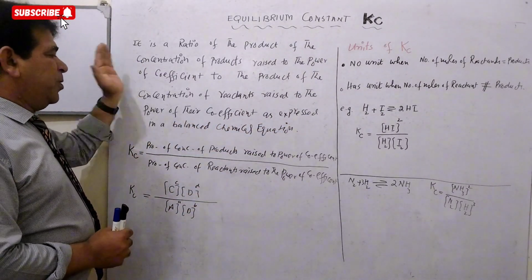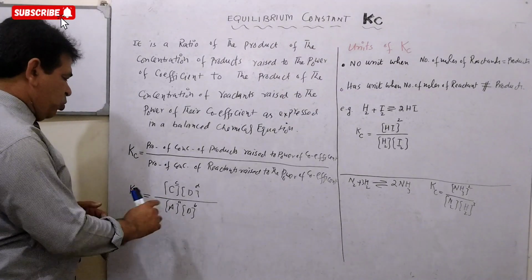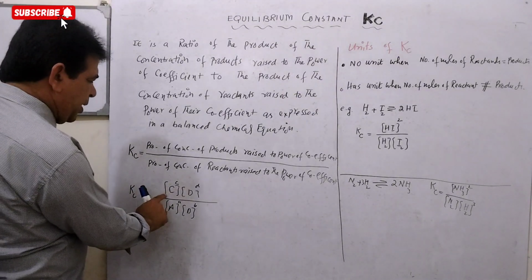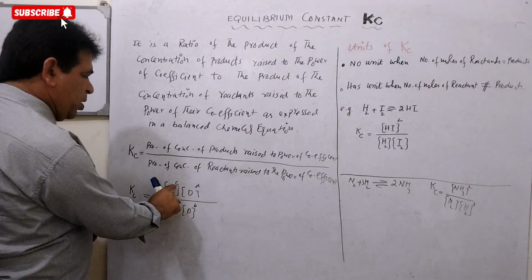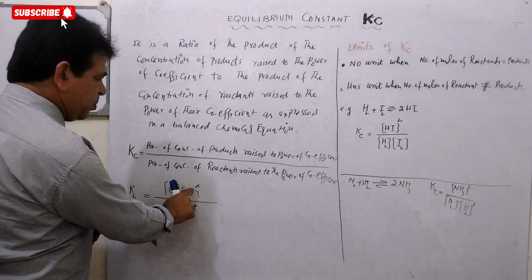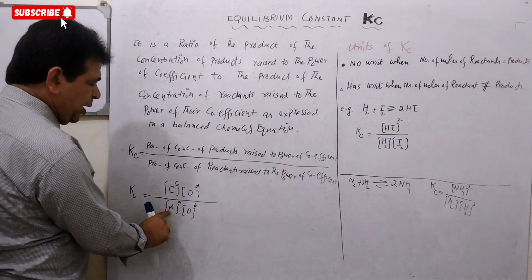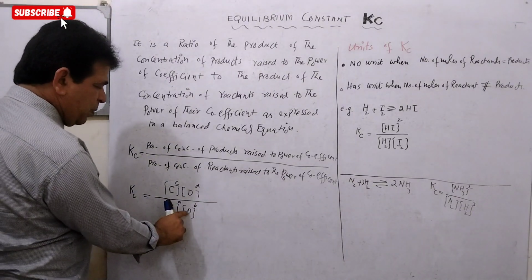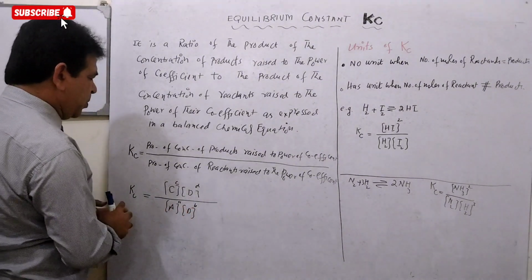To understand this definition, let's take an example: Kc, we know, is equal to [C]^c [D]^d over [A]^a [B]^b, where small c, small d, small a and small b are the coefficients.